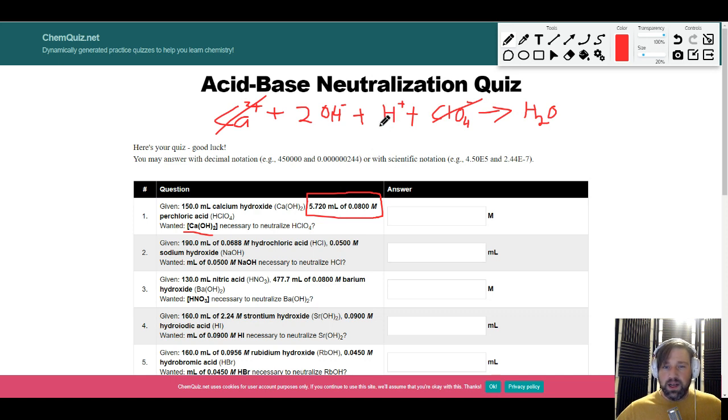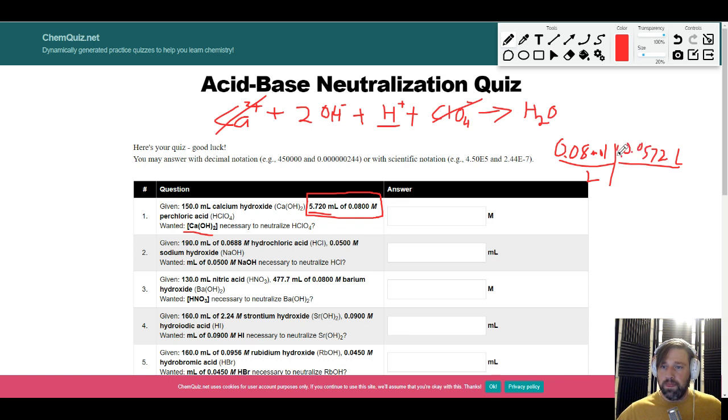We need to figure out the concentration here of this. All right, we can do that pretty easily. We know it's 0.08 moles per liter, and we know that the volume can be converted to liters by moving the decimal place over a couple times. 0.00572 liters. 1, 2, 3.